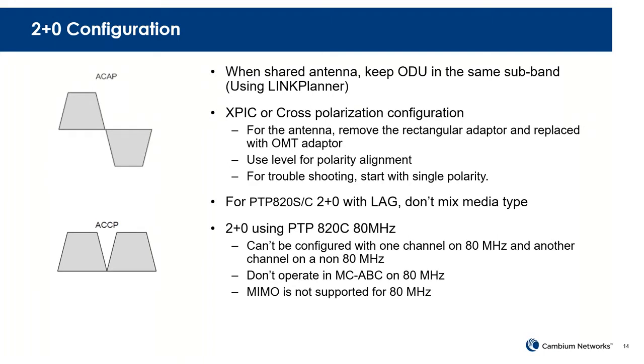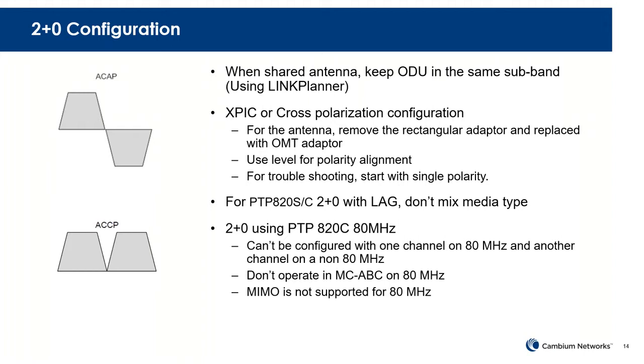So you see AC, it's adjacent channel. What it means is that when you try to deploy a 2+0 link using the same antenna, you want to use adjacent channels. Or basically, you need to use channels in the same subband.